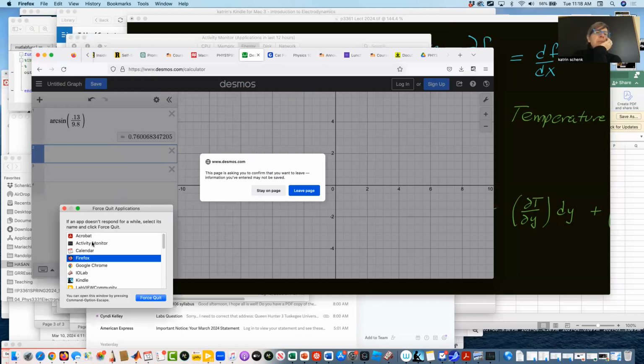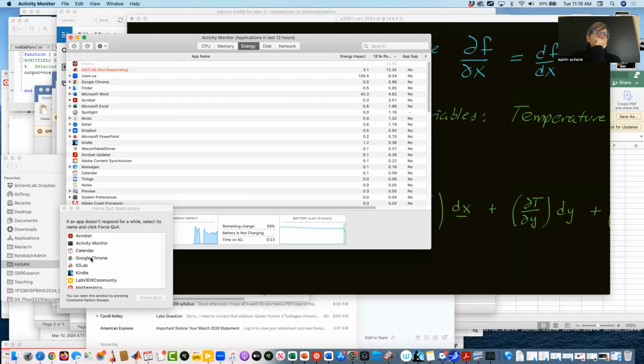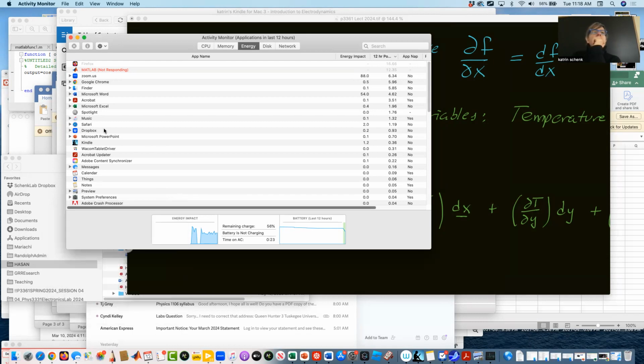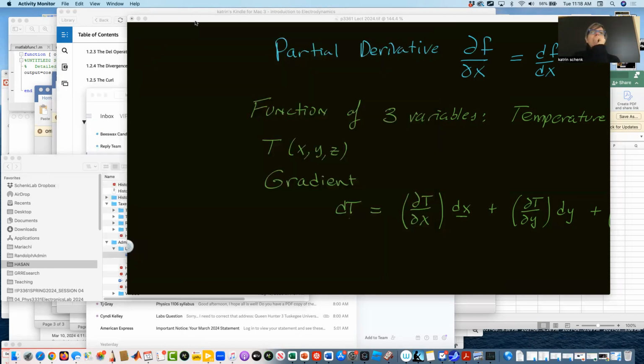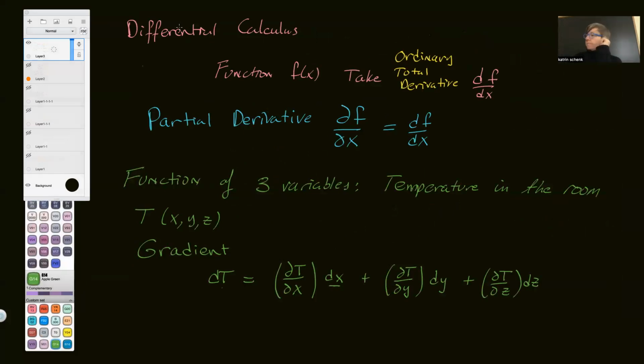It just doesn't want to quit. Where's MATLAB? I'm just going to kill it just in case it's doing anything. All right, in Zoom, I can't do anything about it. Okay, let's hope this calms it down. This computer's had this problem since it was new.